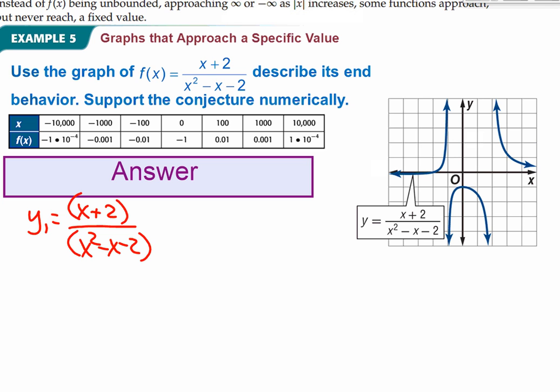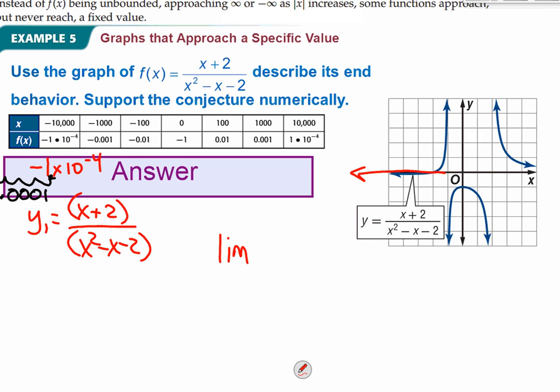And so then for this one, what is the end behavior? Well, the limit of f of x as x goes to negative infinity is 0, because hopefully we agree on this one: negative 1 times 10 to the negative fourth. Remember our decimals here, so when we go 1, 2, 3, 4 places, that's 0.0001, and so that's very close to 0 in this case because it's a negative exponent.